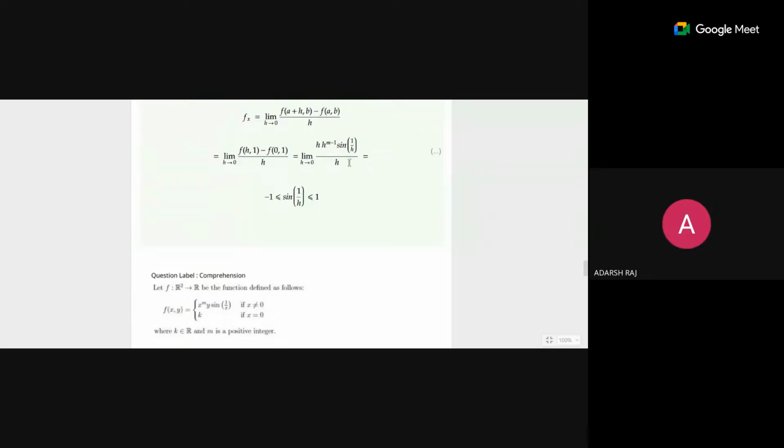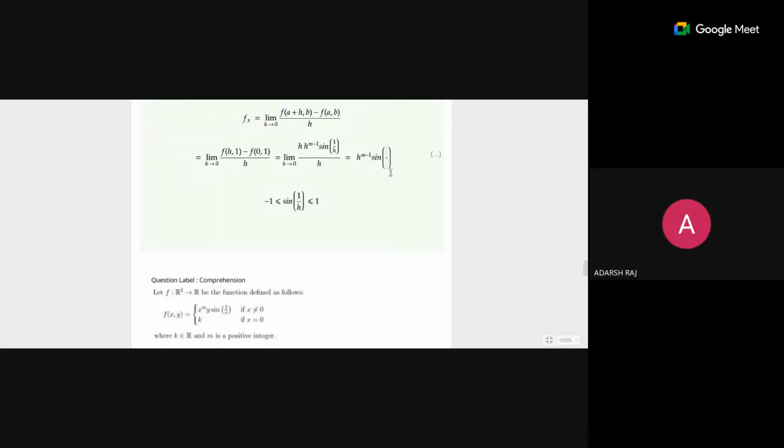Now if you divide this function here, what we get? One by h and the limit of this.